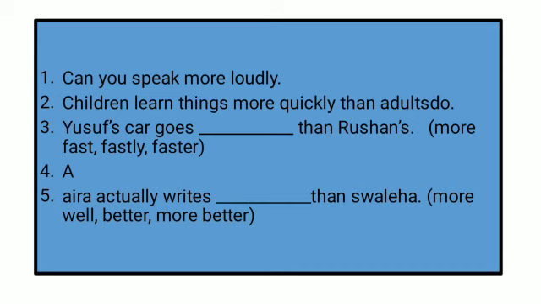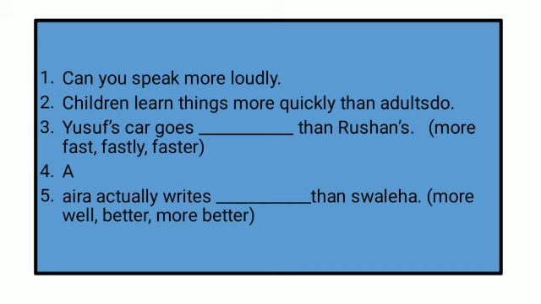It means more loudly in comparison to the way you are speaking at present. So, comparative. Children learn things more quickly than adults do. Now here the word "quickly" is an adverb. "More" has been added to this word to make its comparative degree. More quickly. Okay.